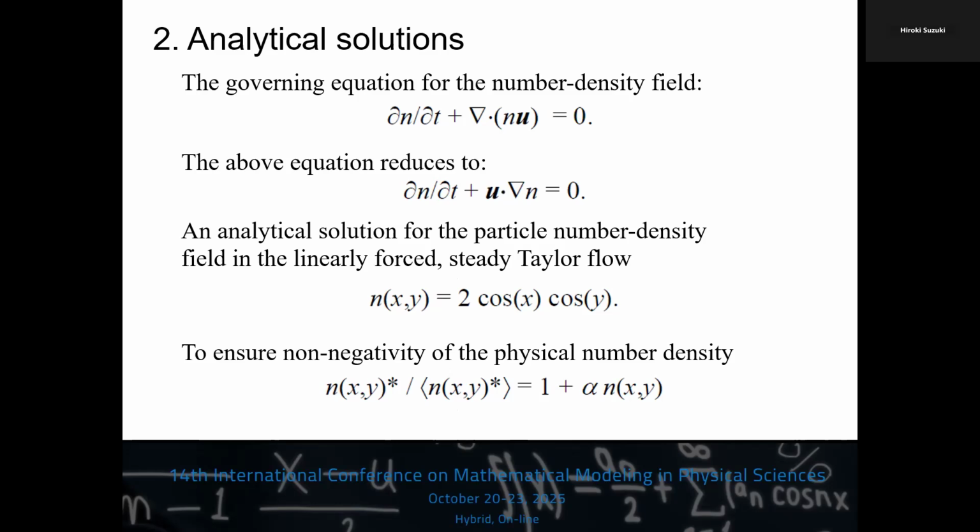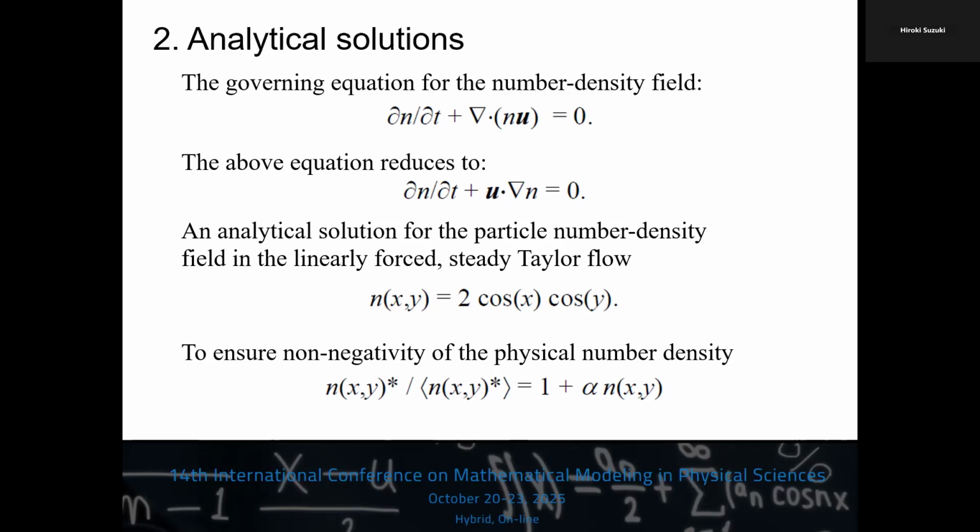Here, n denotes the particle number density. Using the continuity equation for incompressible flow, the above equation reduces as follows. As evident from this equation, the number density equation is closely related to the heat and mass transport equation. The left-hand side is remarkably identical to that of the advection diffusion equation for the temperature passive scalar.